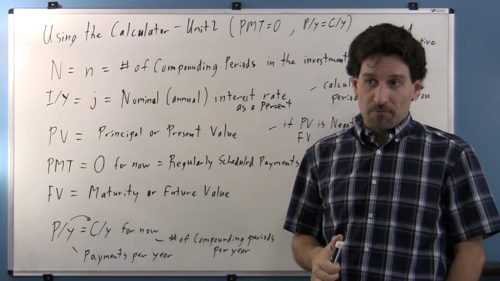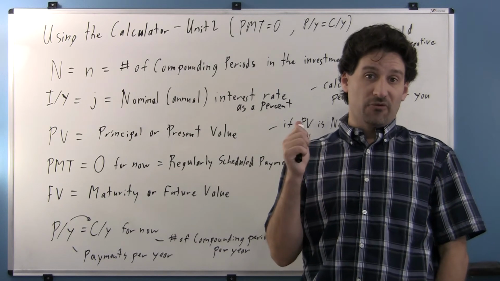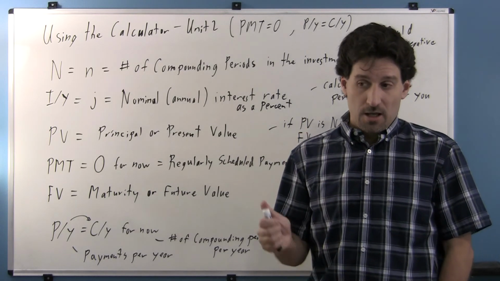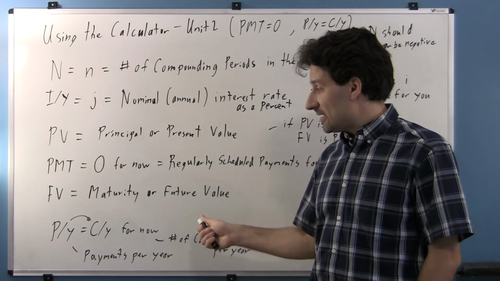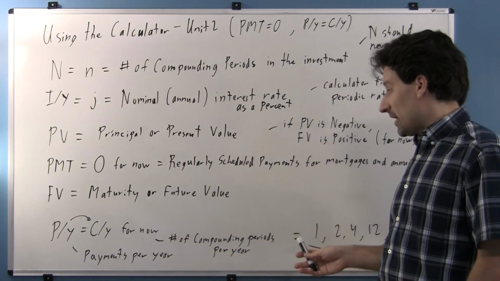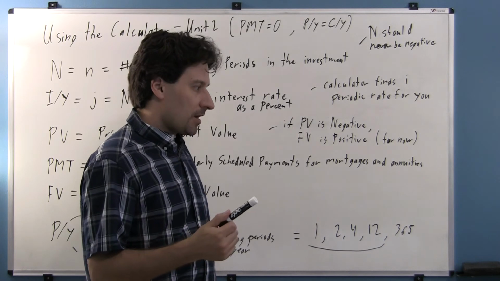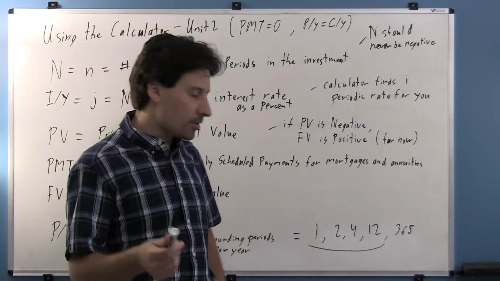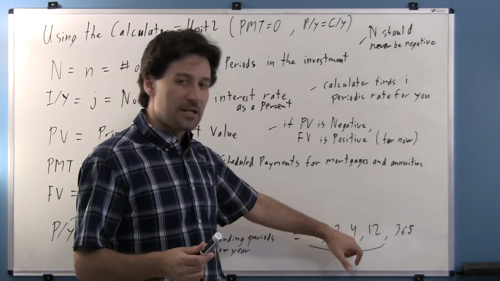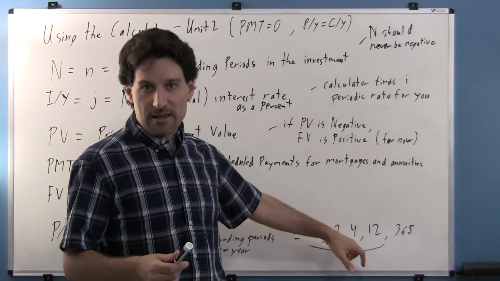So remember, it doesn't matter if your investment is for less than a year, you still need this. If you are investing for only 6 months, but your interest compounds quarterly, you still need to tell it the interest is compounding quarterly.